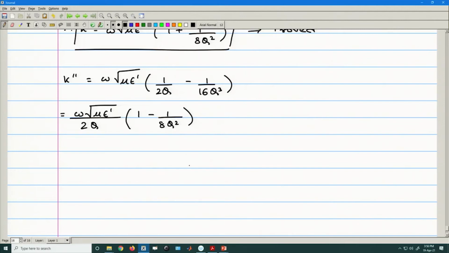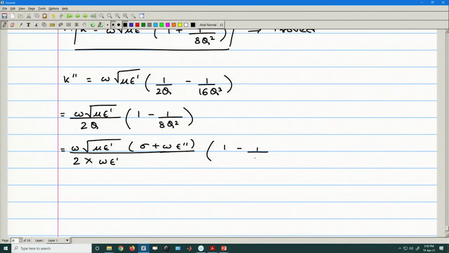Now we will substitute the value for q. So we can write omega root mu epsilon prime upon 2. In place of q we can write omega epsilon prime divided by, so this divide comes in the numerator, sigma plus omega epsilon double prime, and then inside the braces 1 minus 1 upon 8q square.